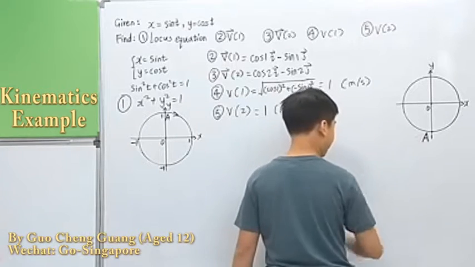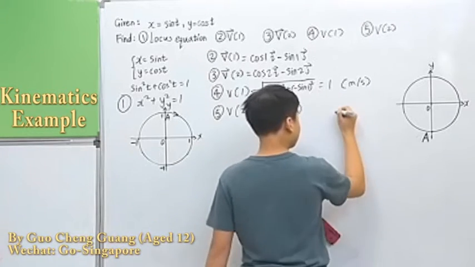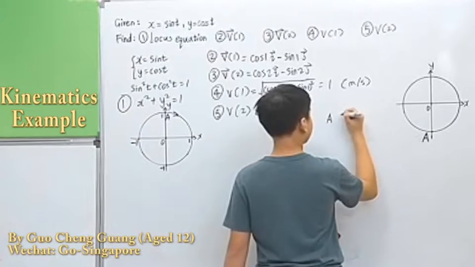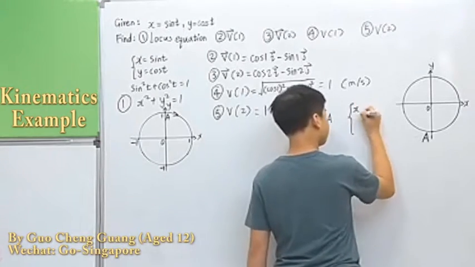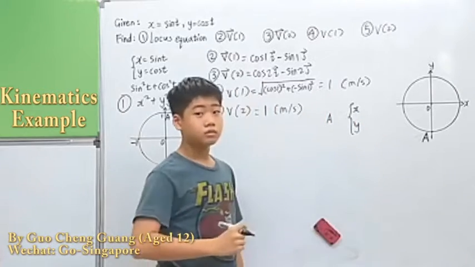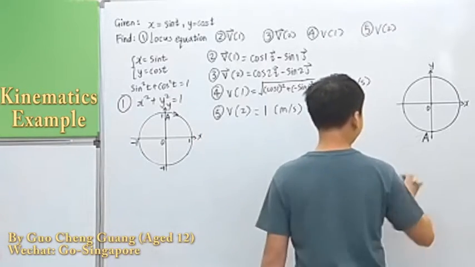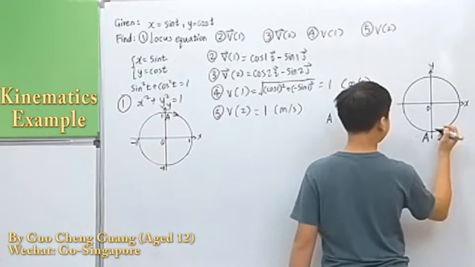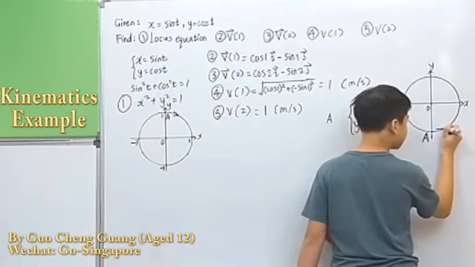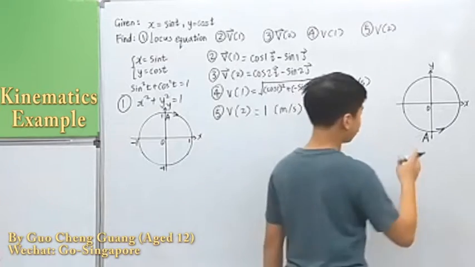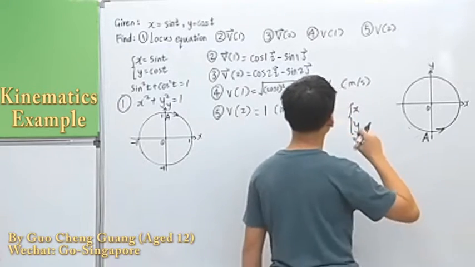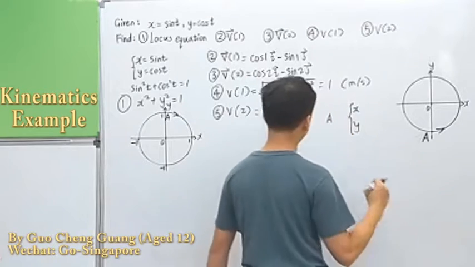So for this part of A, we're going to have something about X and Y. But this direction, how about it goes in that direction? Okay, so it goes there. So X firstly increases, then Y will also increase, okay?